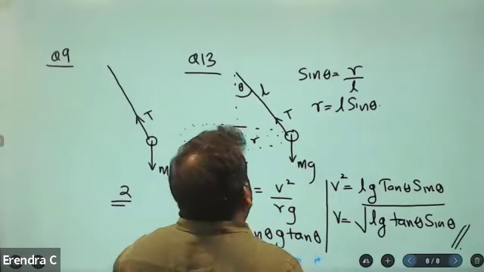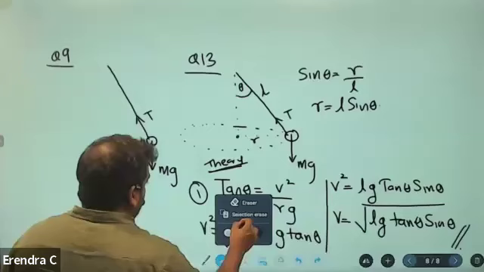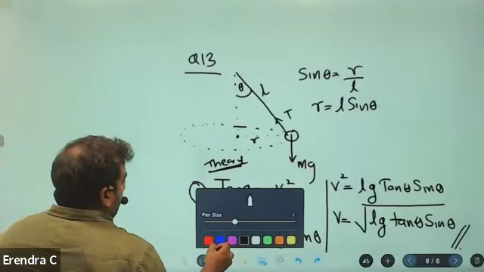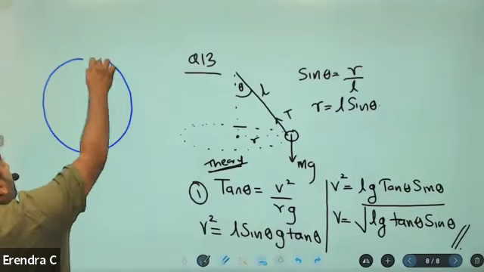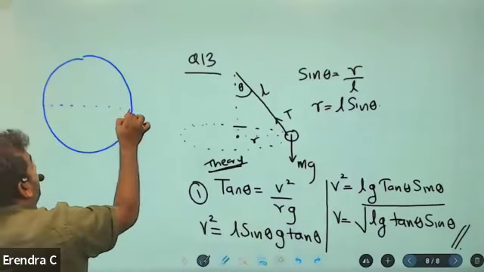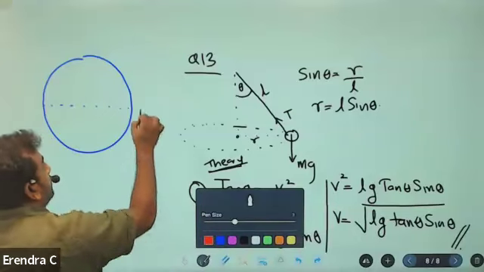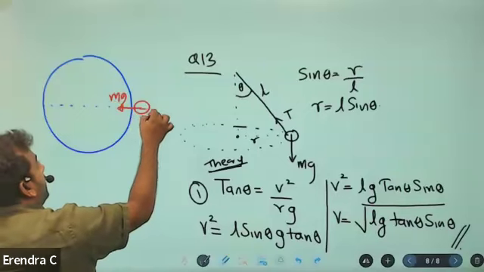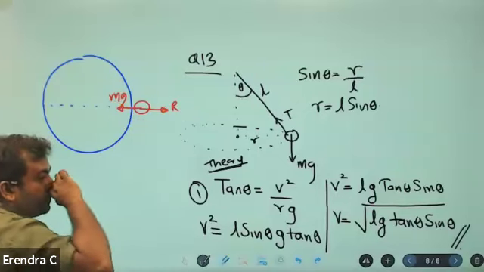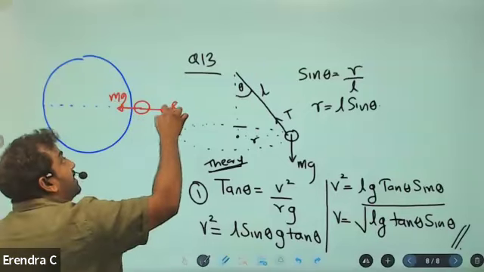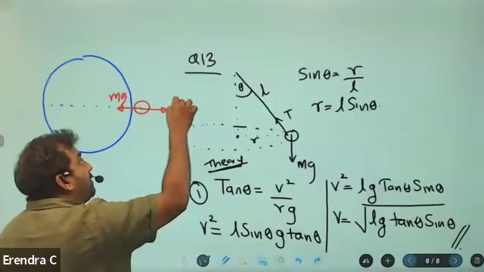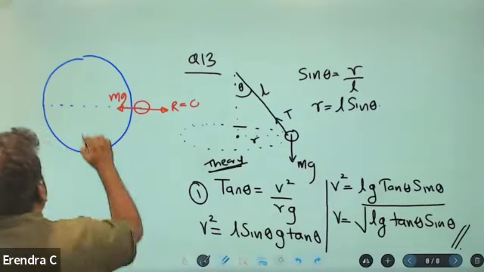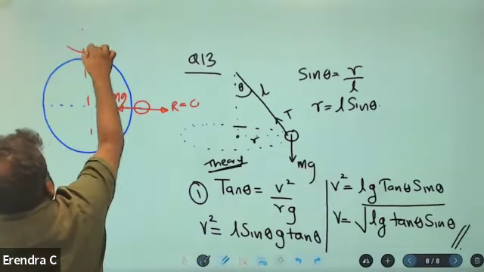Now, if you take the Earth, I'll erase the first one. Here you go. If you take the Earth, this is the equator. If there is a mass on the equator, weight is acting to the center. Here you have normal reaction. Normal reaction is your apparent weight. They are telling you apparent weight to be 0 means R is equal to what? 0. For that, what is your omega?